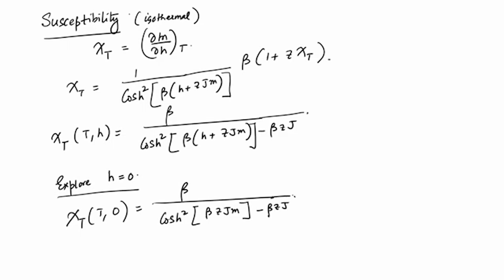Okay. That is a simple expression that we have. Now, let us do the same analysis as we have done for the magnetization, that is, we want to see how it behaves for t close to T c as we approach T c from both below and above. Magnetization is 0 above T c, but that does not mean that the susceptibility will also be 0 above T c. We will see that just in a while.